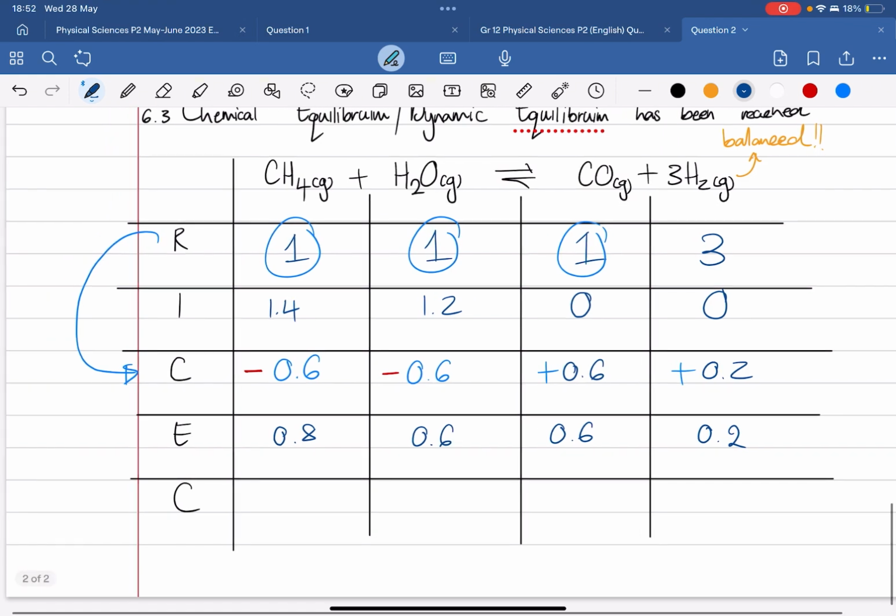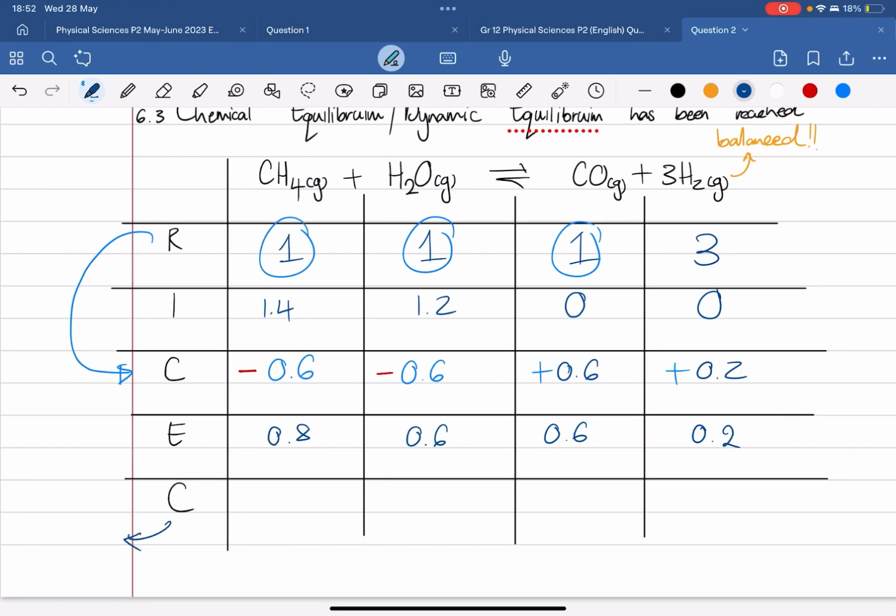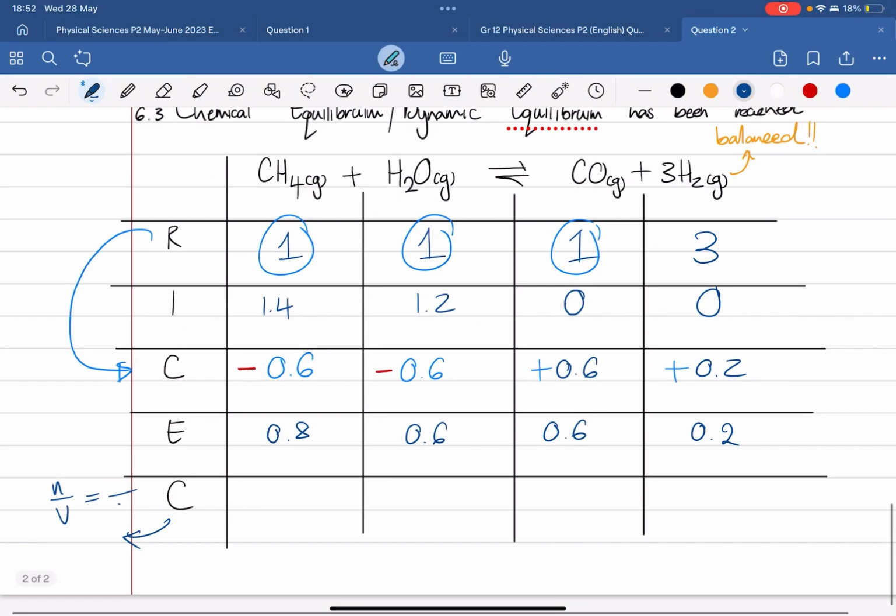And now remember, the C is concentration, so that's number of moles divided by volume. And remember, we're going to divide everything here by 2 because that is the volume of this container. So I've got 0.8 divided by 2. This will give me 0.4.